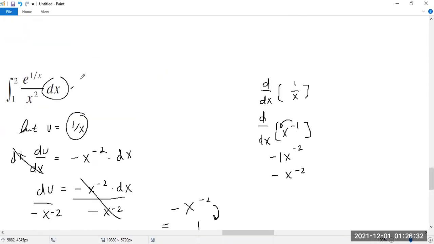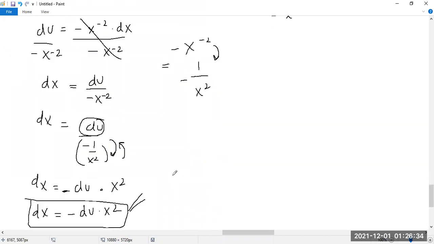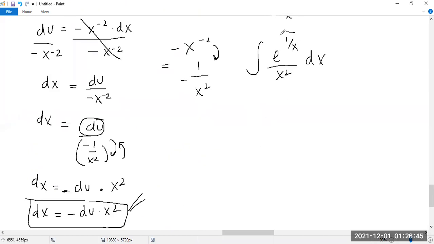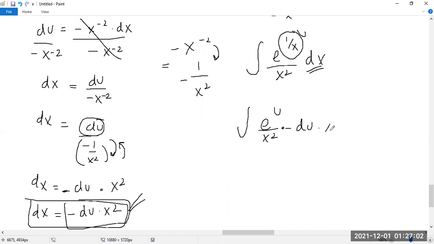So we replace this portion with this. So this becomes e to the 1 over x, dx. We replace this part with a u and this dx with negative du times x squared, right?